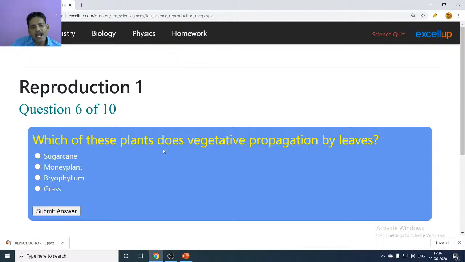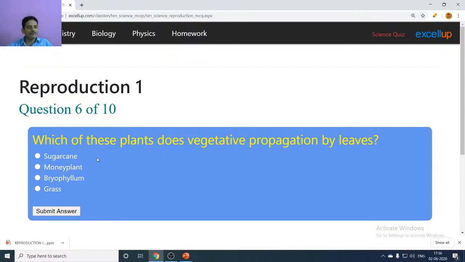Which of these plants does vegetative propagation by leaves? Vegetative propagation by leaves. Hint I am giving: epiphyllous leaves they are called.